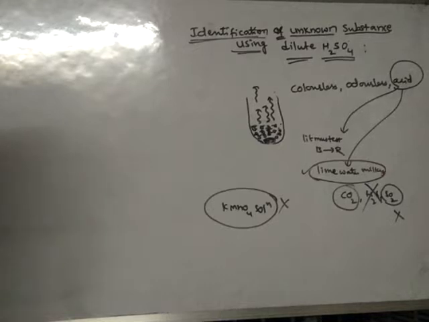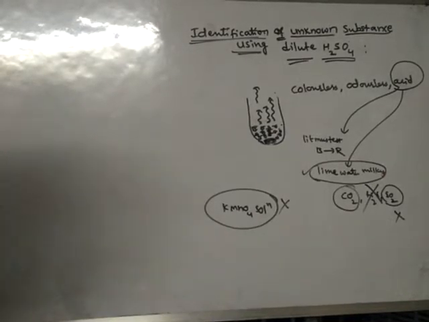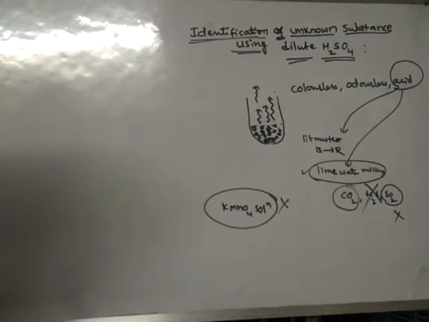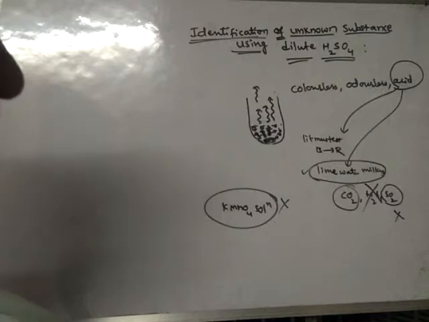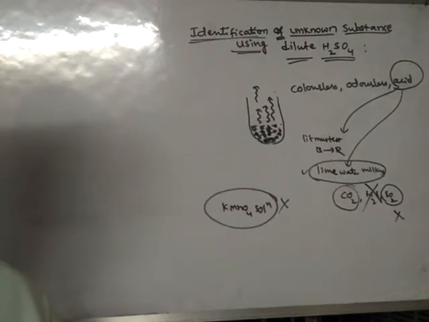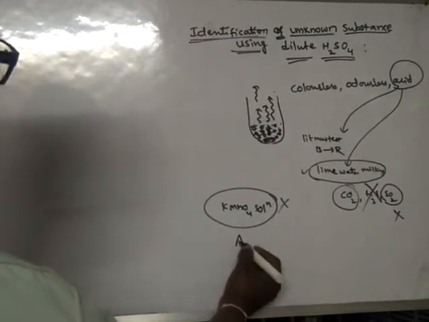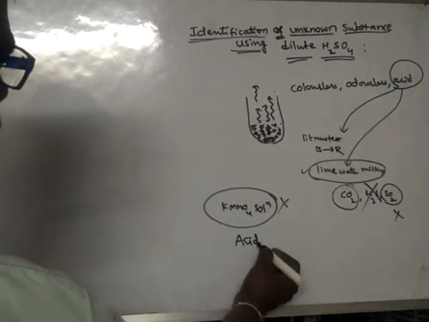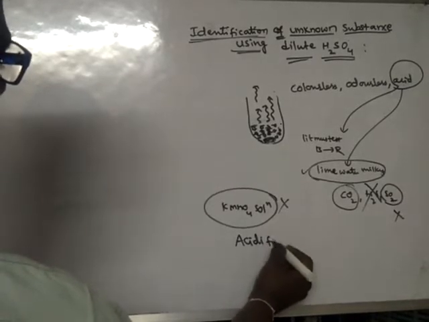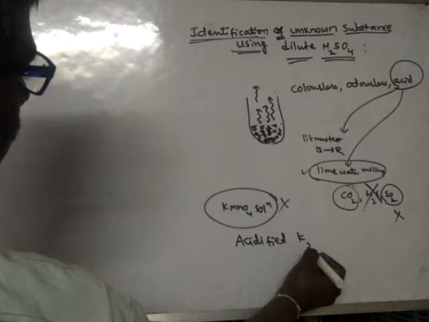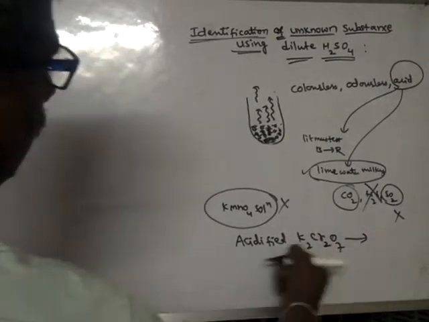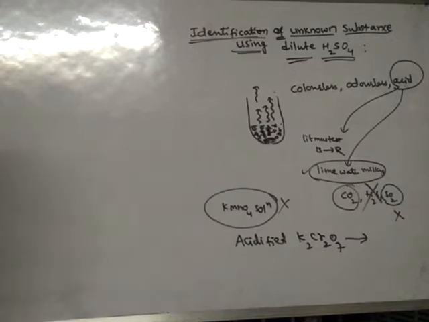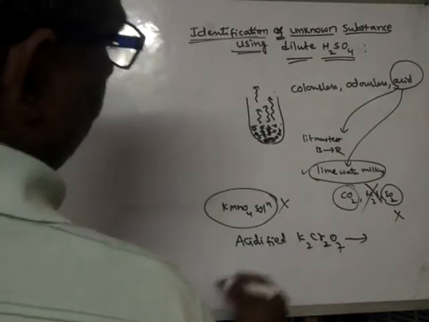And acidified potassium dichromate, K2Cr2O7, shows no change in color, because the gas is not reacting with it.